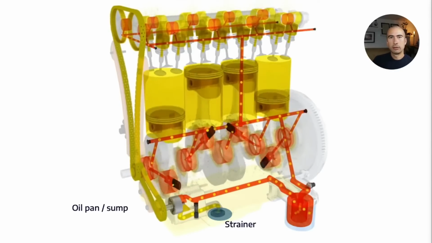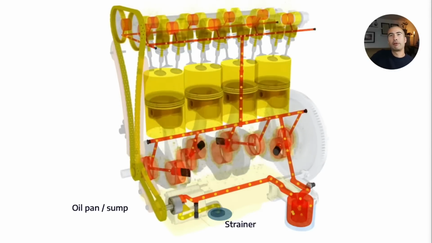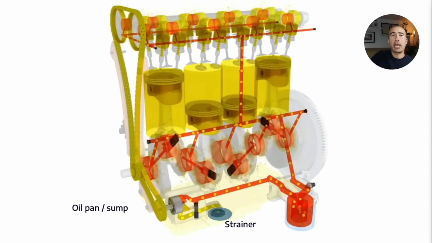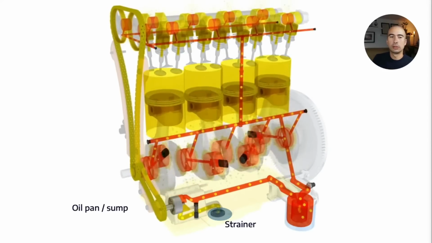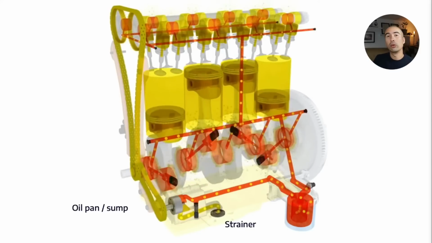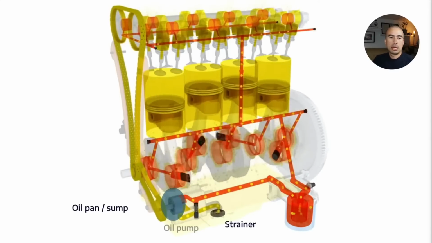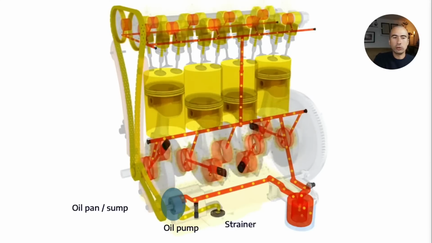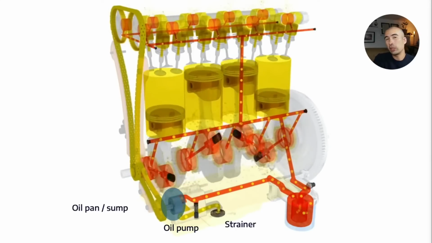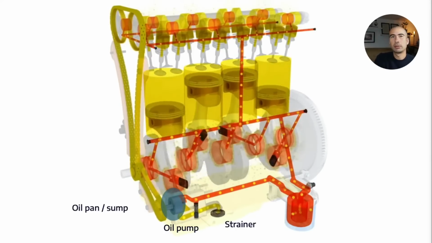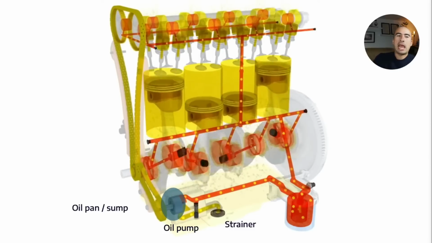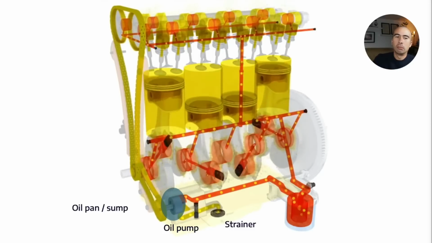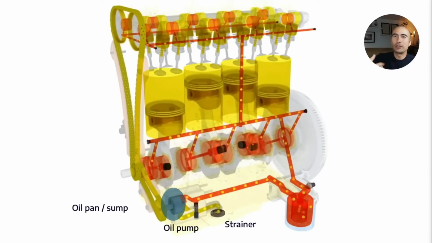From there, it gets pulled up from the oil pan into the actual oil pump. Now, the oil pump is interesting. One thing that you'll notice is that the oil pump is generally just a basic geared pump. It's a positive displacement pump, and it is driven by the motion of the engine.